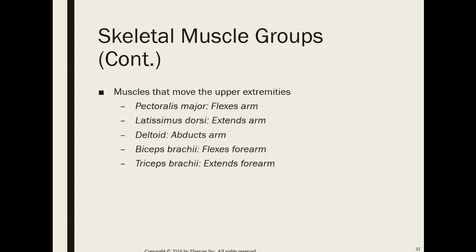Muscles that are going to move the upper extremities are the pectoralis major, the latissimus dorsi, which runs along the back, the deltoid, which is on your shoulder, biceps brachii is the muscle of the upper arm, and then the triceps brachii runs along the back side of the arm.